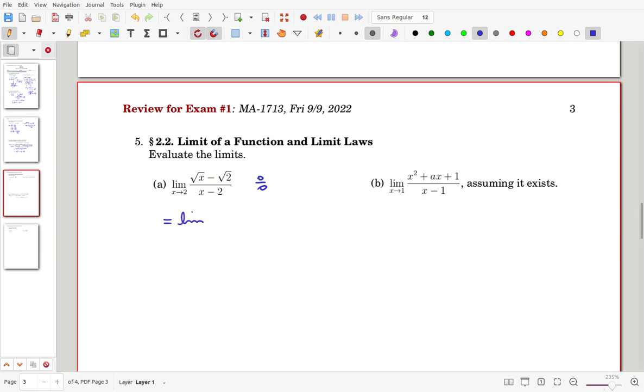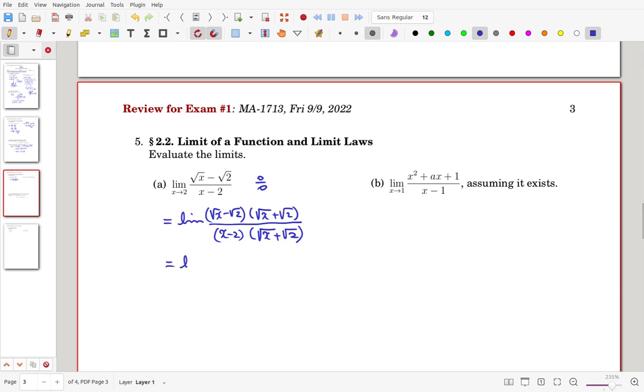Same limit, and we multiply the conjugate. So there's square root of x minus square root of 2, and here square root of x plus square root of 2. And the denominator is originally x minus 2, and we have to multiply square root of x plus square root of 2.